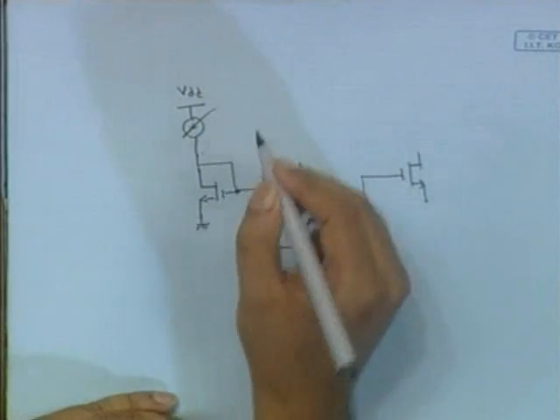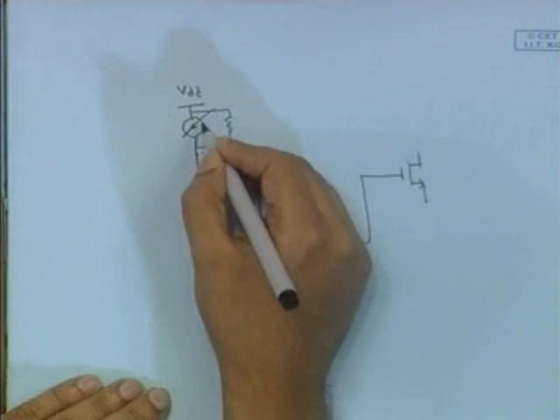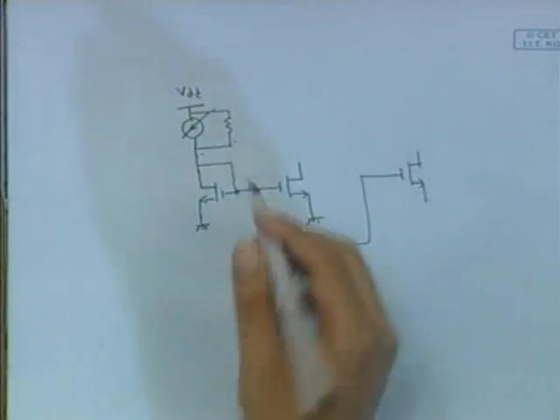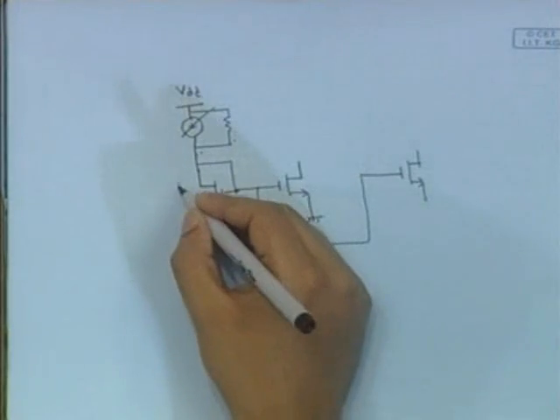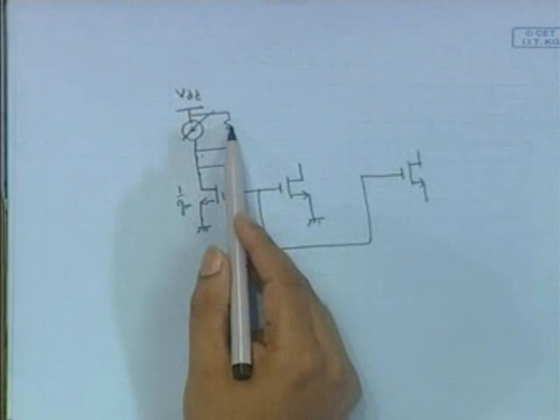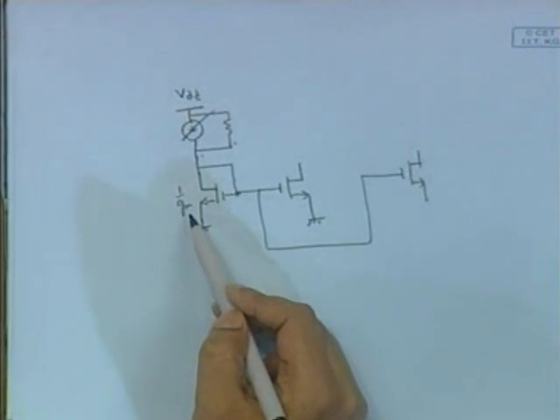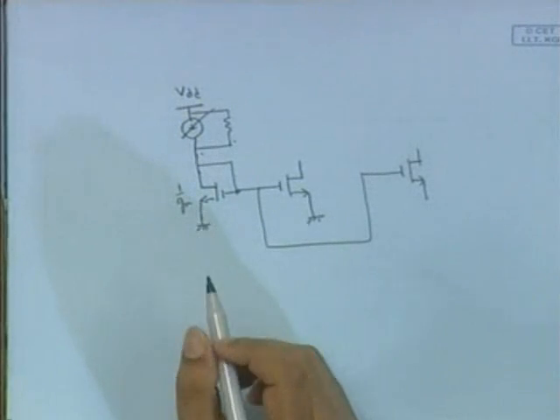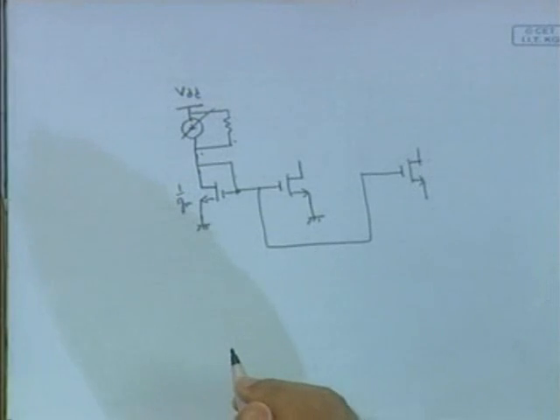Now suppose you eliminate it and put a resistance here. This can set my current in this path, that is, VDD divided by R plus 1 by Gm of this transistor, that will define my current. Okay, but there are a few constraints.